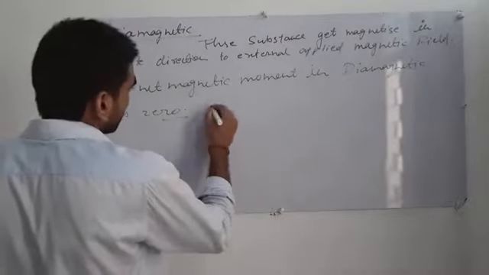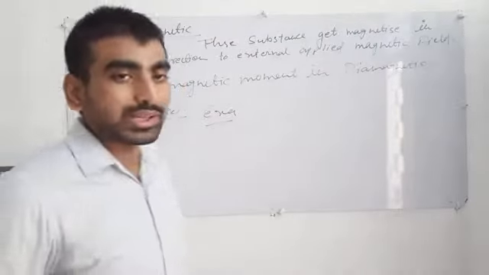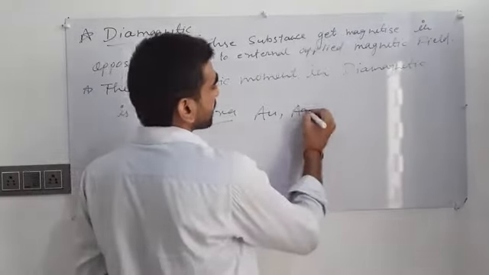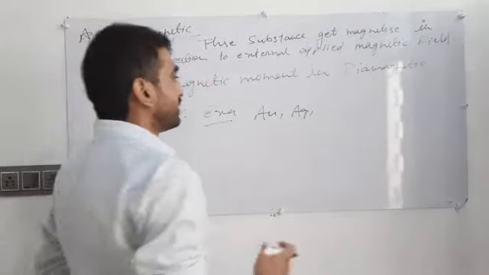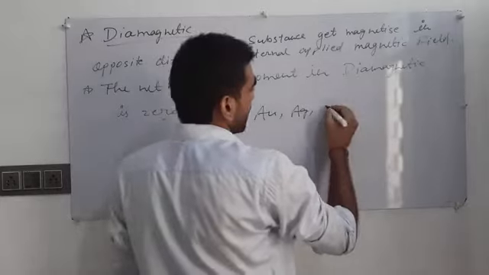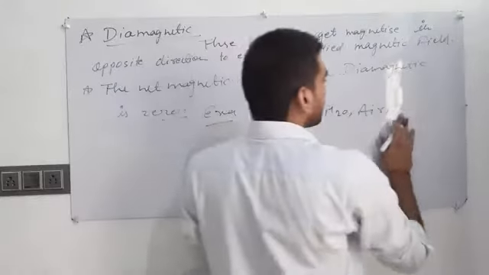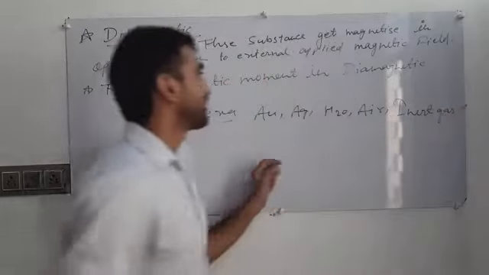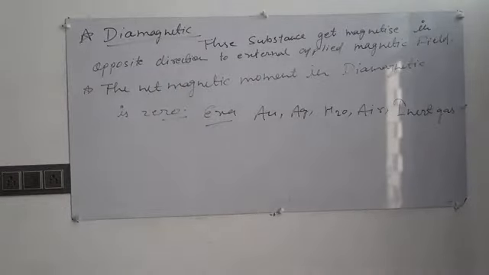What are the examples of diamagnetic material? First of all, jewelry-related material like gold and silver, H2O, air, and all inert gases are examples of diamagnetic material. Other examples are diamond, zinc, quartz.